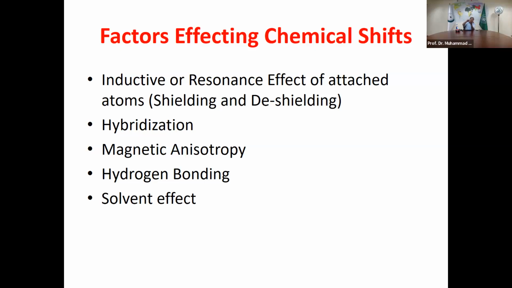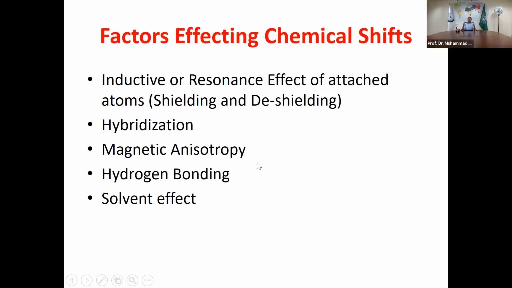If you have bromine, it's less electronegative, so it's de-shielded relatively less. And if it is iodine, which is much less electronegative, the effect is smallest. So, inductive effect, then hybridization: sp3 hybridized are more shielded, sp2 hybridized is relatively de-shielded, and sp hybridization is more de-shielded.